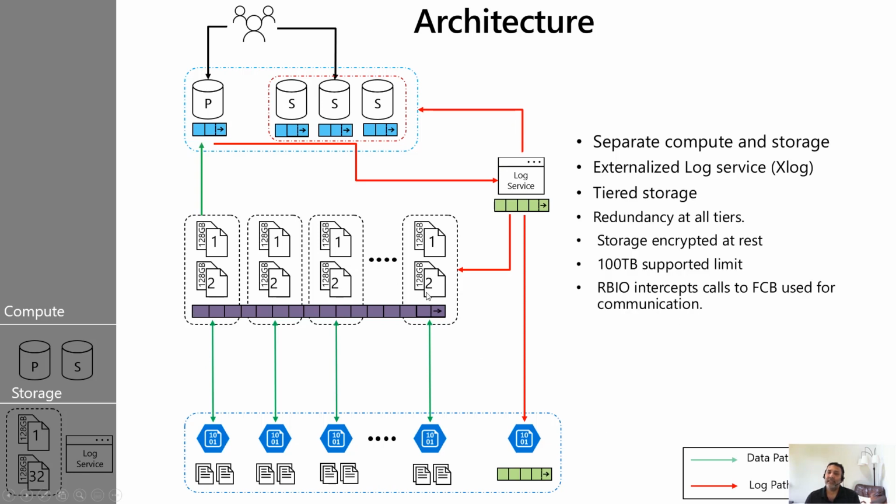There is redundancy at all tiers, so you have replicas for page servers, backed by multiple layers of caching, and so on and so forth. There's a 100 terabyte supported limit. As you can see, the compute is stateless, with a separation of compute and storage. And all the communication is done through this RBIO protocol, which intercepts the IO and ships it to these various components.